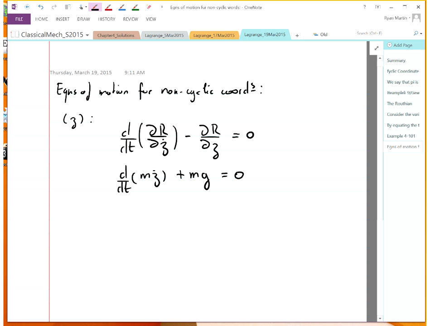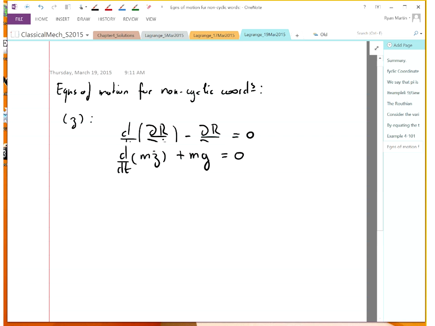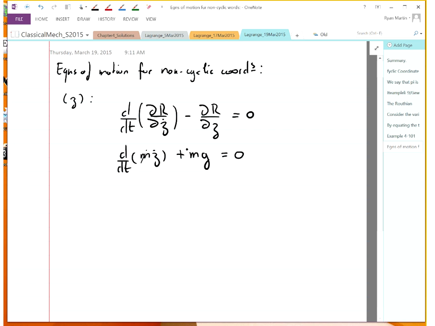And that's equal to 0. And then you're not so surprised that the m's cancel, right? And then d/dt of z dot is just z double dot, and so we have z double dot equals minus g. That's good. That's what we hoped for. It's a particle in a gravitational field, so we expect it's going to accelerate downwards.